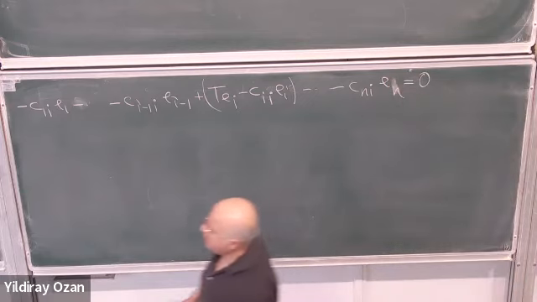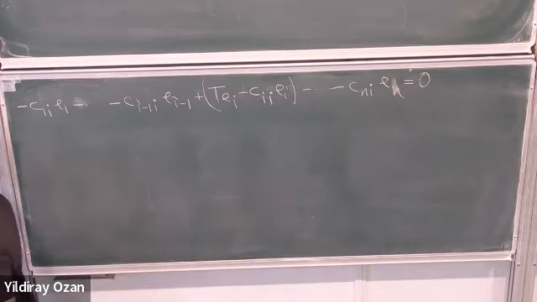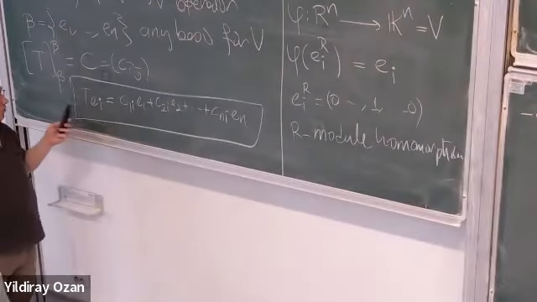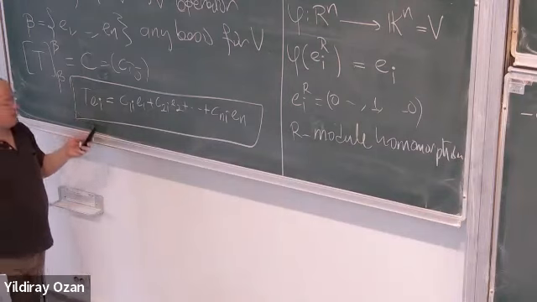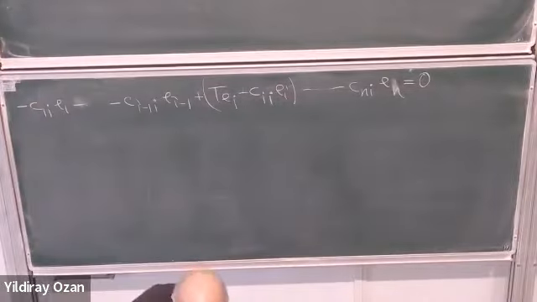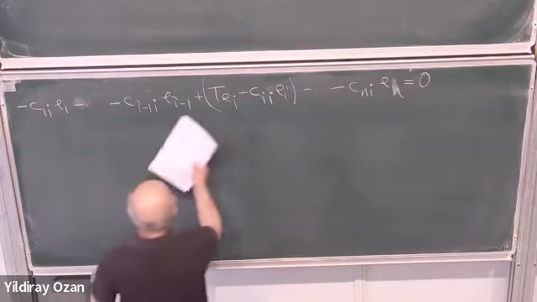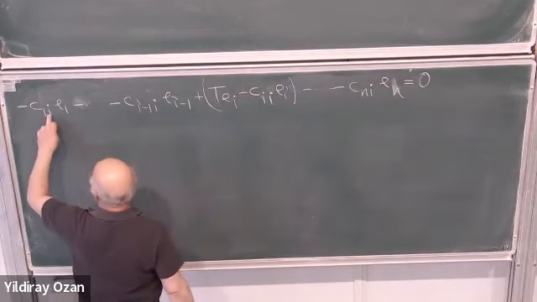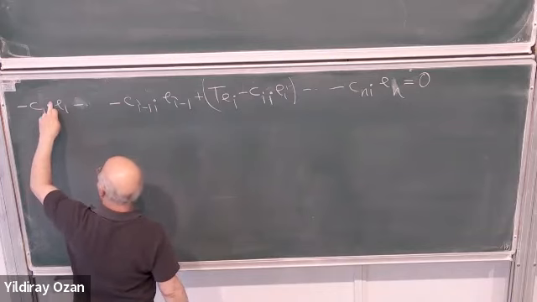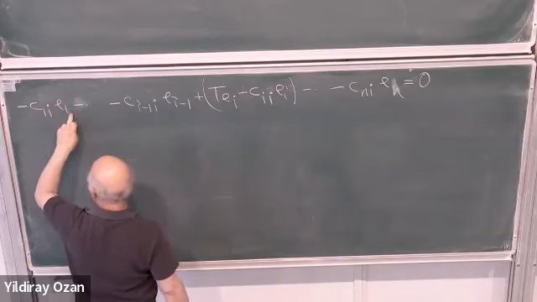So I just take all these terms to the left-hand side and obtain this expression. But this is nothing but, so this is c_1i times the identity operator applied to e_1.